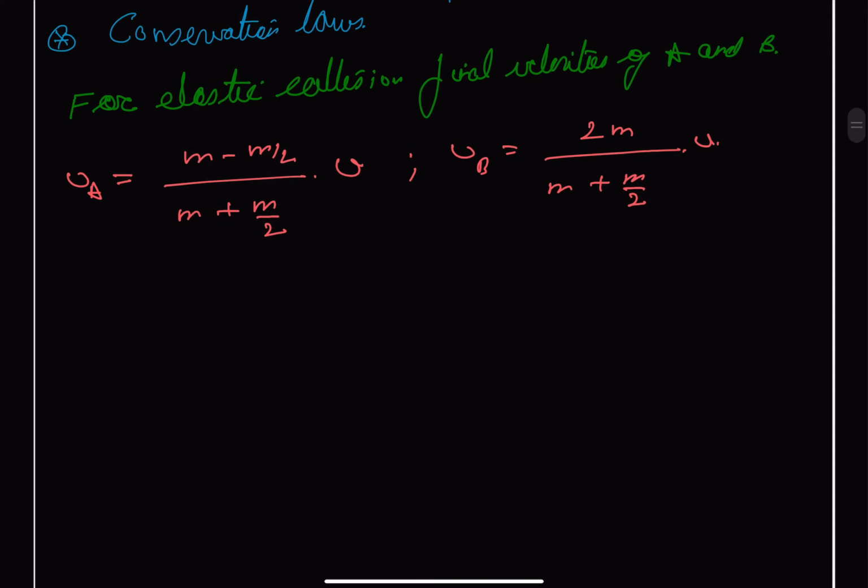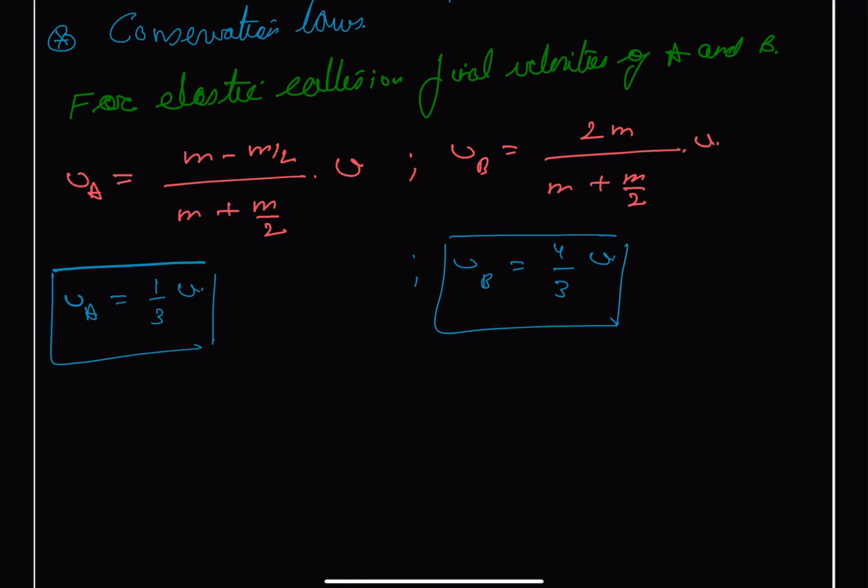So if we solve them, we get VA equal to 1 by 3 times V, and VB equal to 4 by 3 times V. So we got the final velocities in terms of the initial velocity of A.